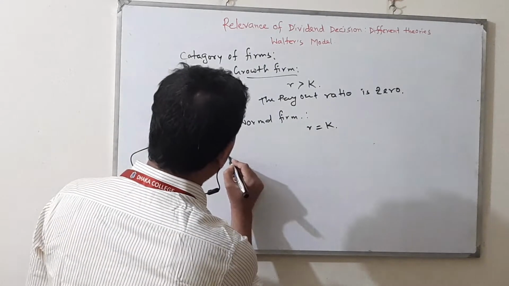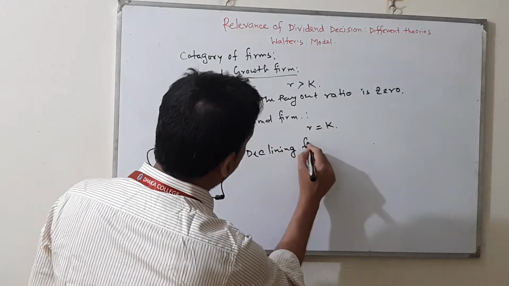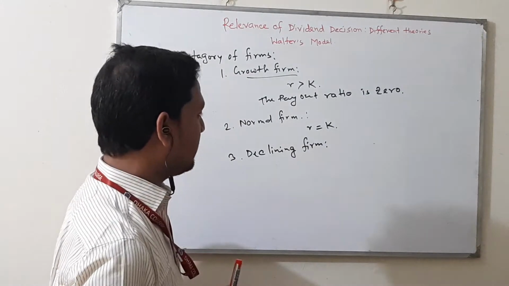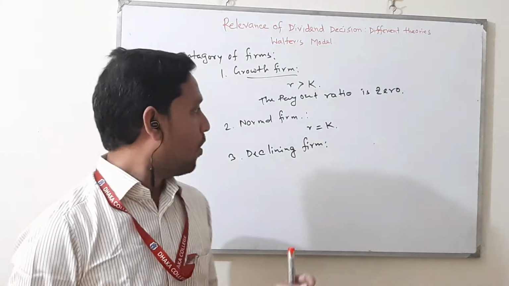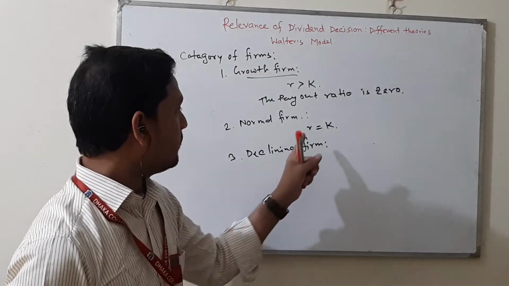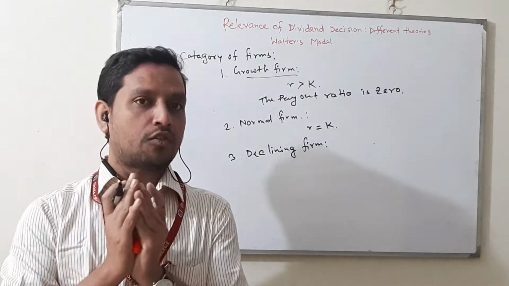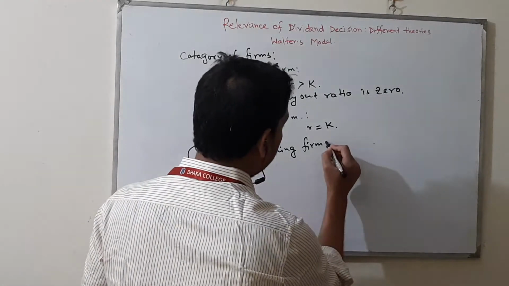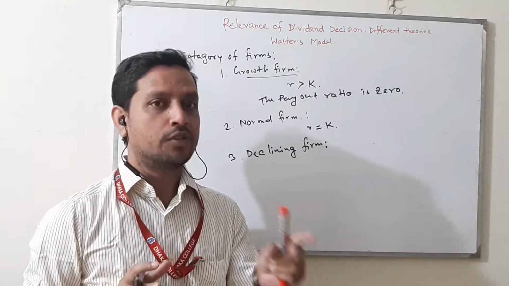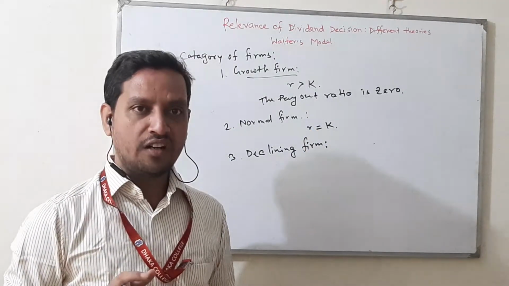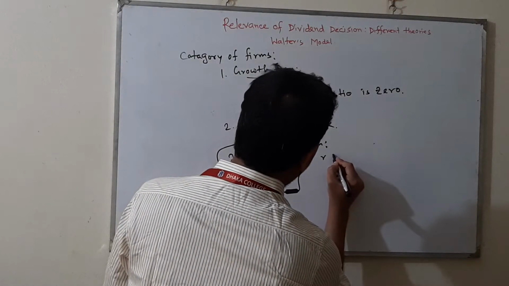Then three is declining firm. Declining firms are those whose internal rate of return is less than cost of capital. So here R is less than K.